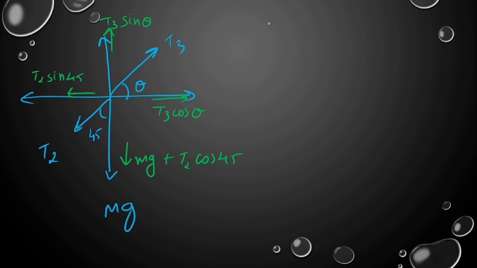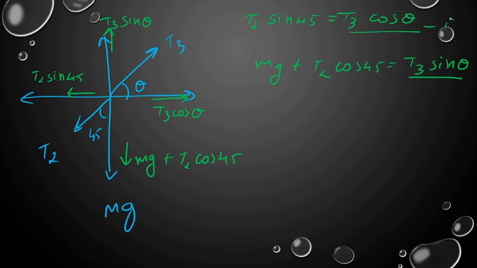So T2 sin 45 equals T3 cos theta, and Mg plus T2 cos 45 equals T3 sin theta. This is equation number 1, this is equation number 2.